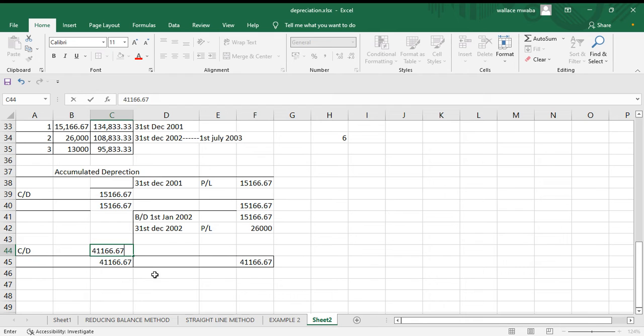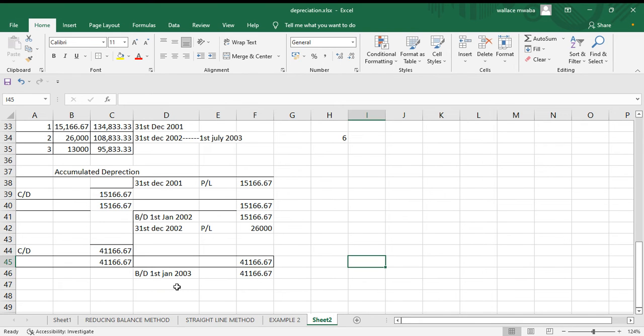Okay, and then our balance brought down on the 1st of January 2003 is 41,166.67.